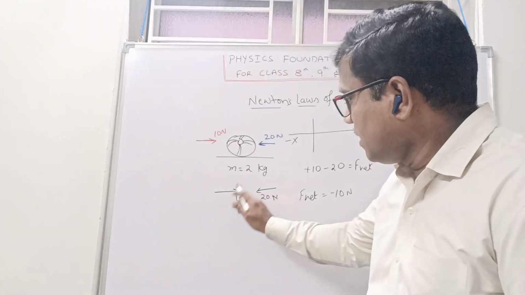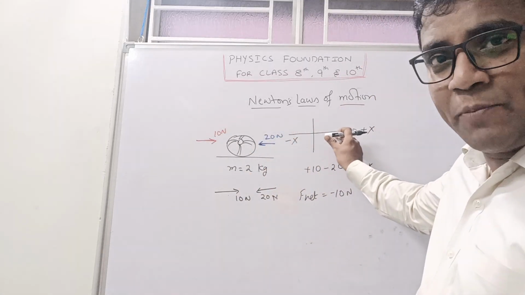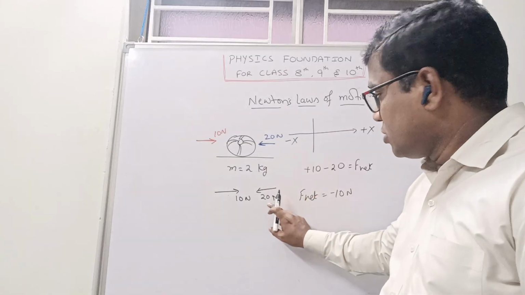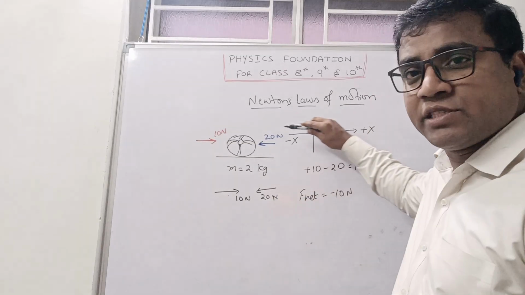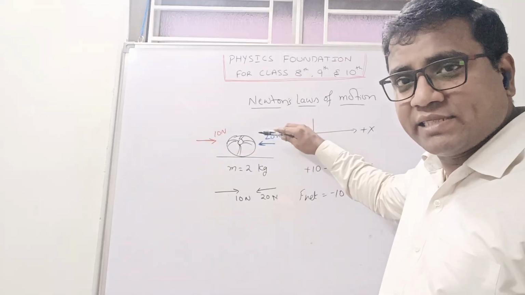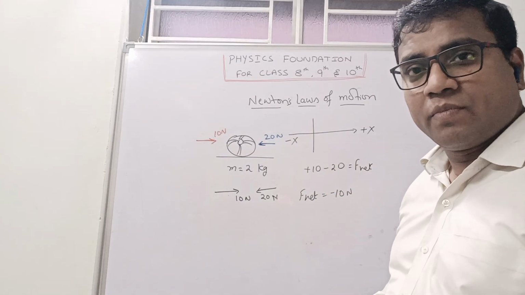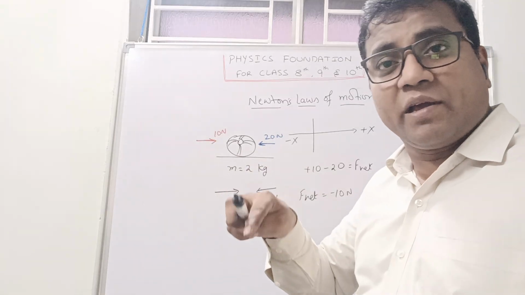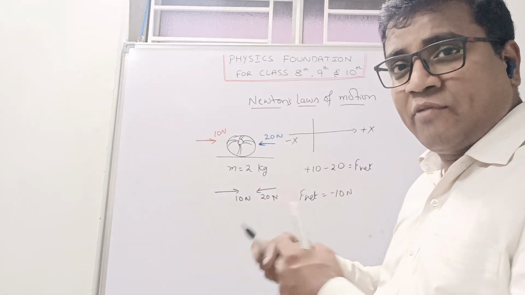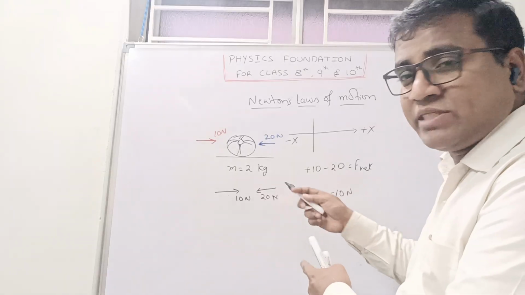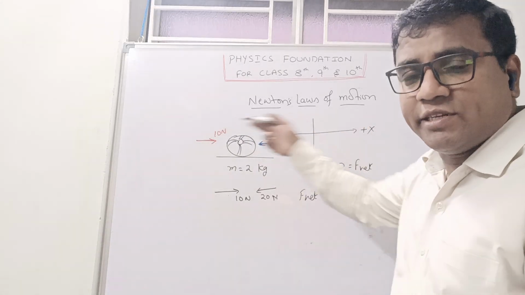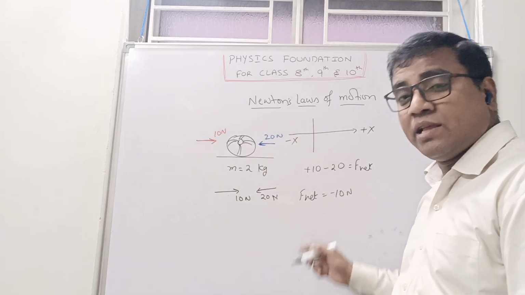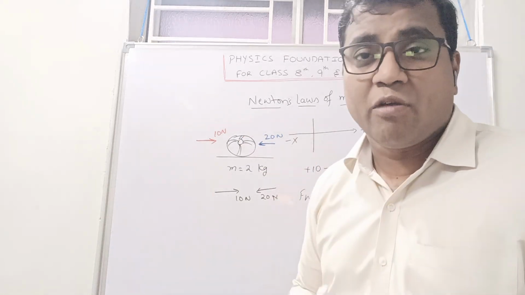This force is acting towards the plus x-axis, that's why I consider it plus. And 20 Newton is acting towards the minus x-axis, that's why I consider it minus. So net force is in the direction of the greater force. What is the net force direction here? Net force direction is towards the negative. So the minus represents that the net force is acting along the minus x-axis.